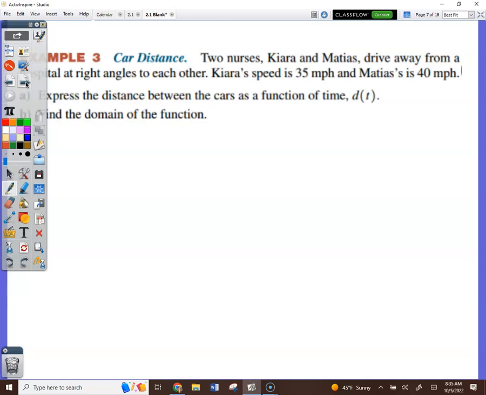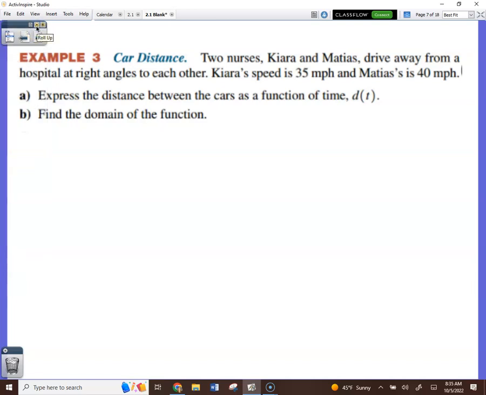When you're first reading this, I'm sure your first thought is, I really don't care how fast they're going or what direction they're going, but we do have a math problem in front of us, so let's look at it. If they're going opposite directions at right angles to each other, what geometric shape is implied here?